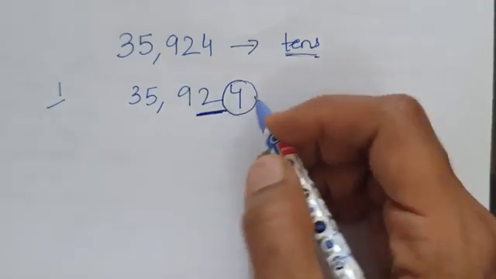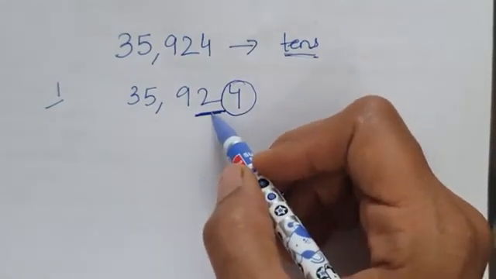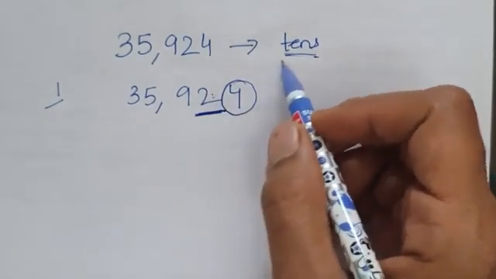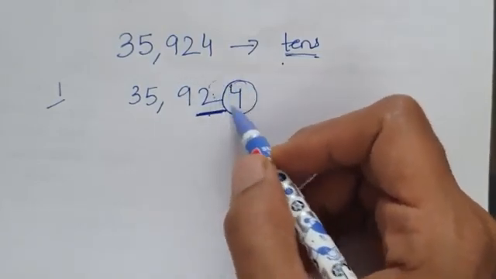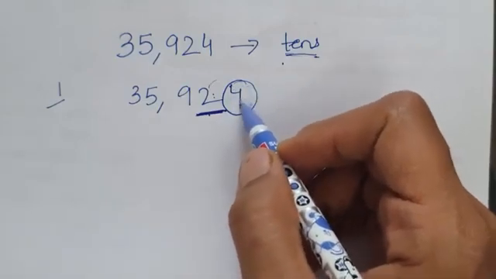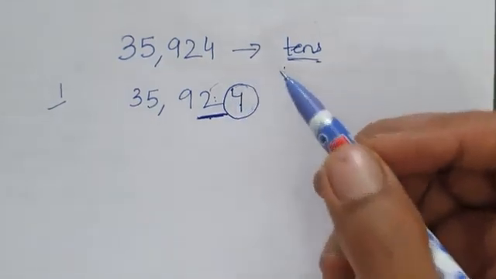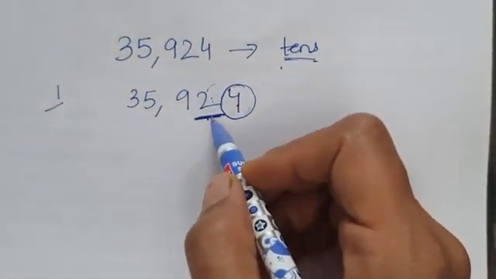Clear? Now first step was underline the digit which we have to round off. Then just draw the circle against this digit which is just next to the underlined digit.